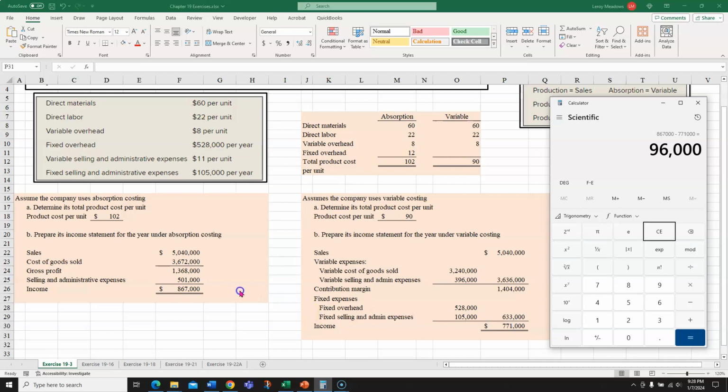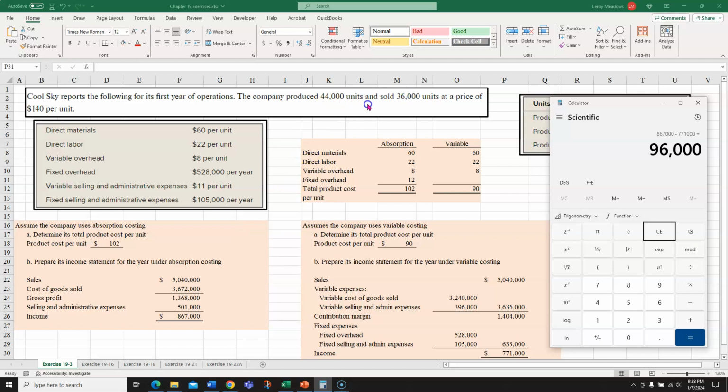That's because under absorption costing, I produced 44,000 units and sold 36,000 units, so I have 8,000 units in ending inventory. That ending inventory is absorbing some of the fixed overhead that was expensed under variable costing, but not under absorption costing. So my difference in operating income under the two methods is $96,000.